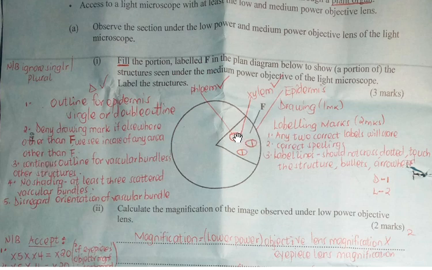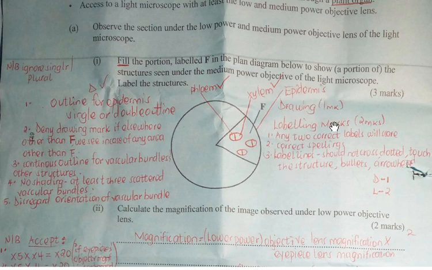Continuous line, which means it should be continuing, not broken, in layman's language. Then no shading, because in biology, when drawing biological diagrams, we don't shade. Then orientation of the vascular bundles, that is xylem and phloem, was ignored.